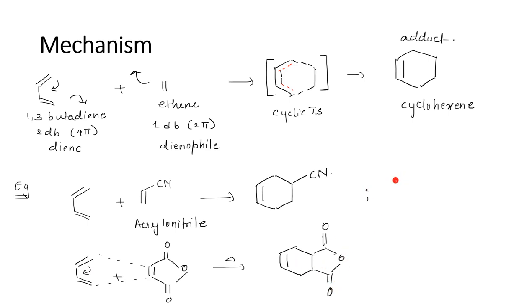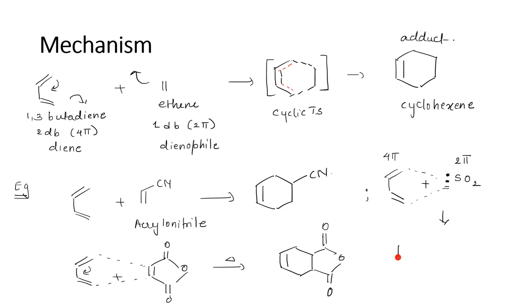Another example that I will show is not related to a cyclic ring structure, a different version of Diels-Alder, 4 plus 2. So this is a 4 pi system and this is a 2 pi system because it has 2 electrons. Of course, no cyclic ring is formed, since it is only a lone pair of electrons.